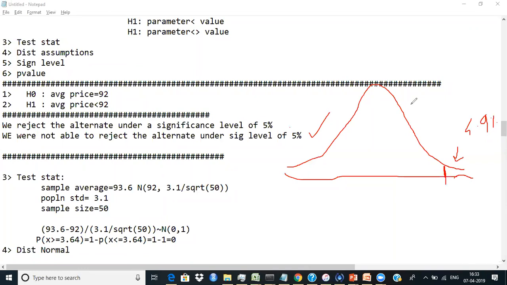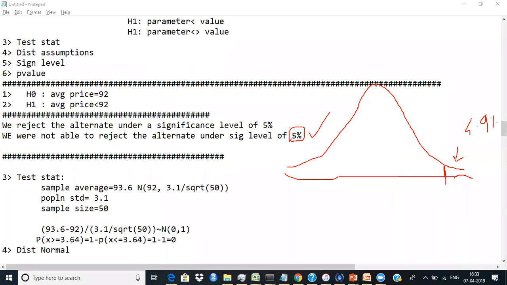Yes, it's there. Because that's why we are saying that if the chance is less than 5%, then we will reject. But less than 5% does not mean zero. Because normal distribution goes from minus infinity to plus infinity.